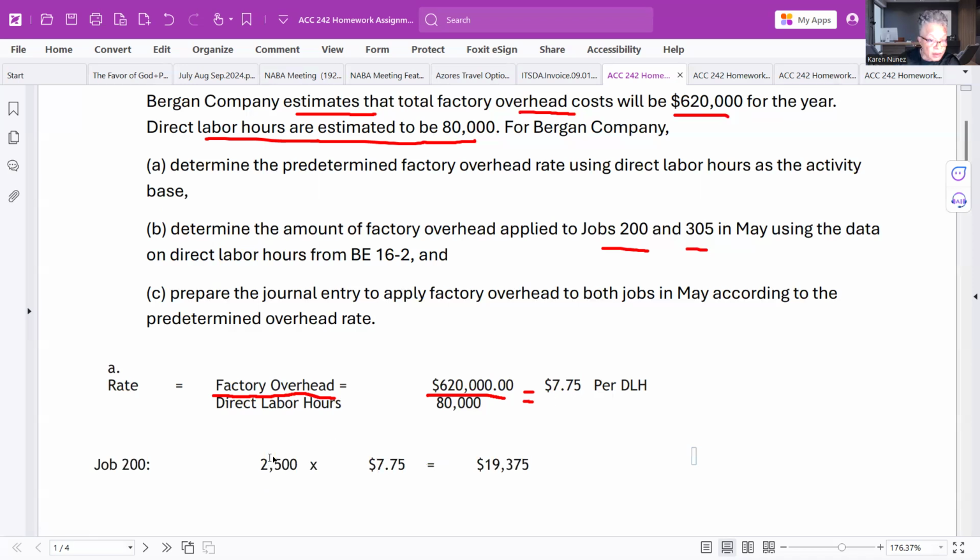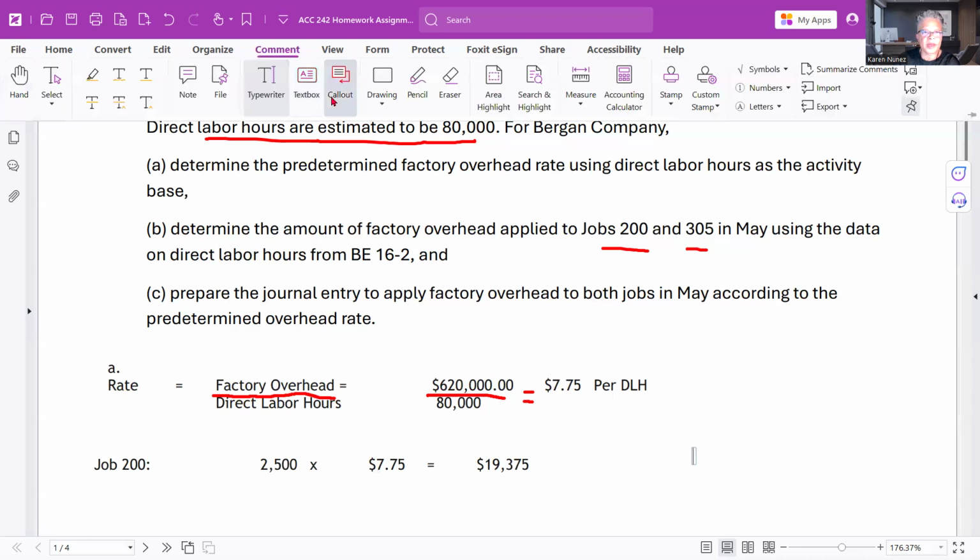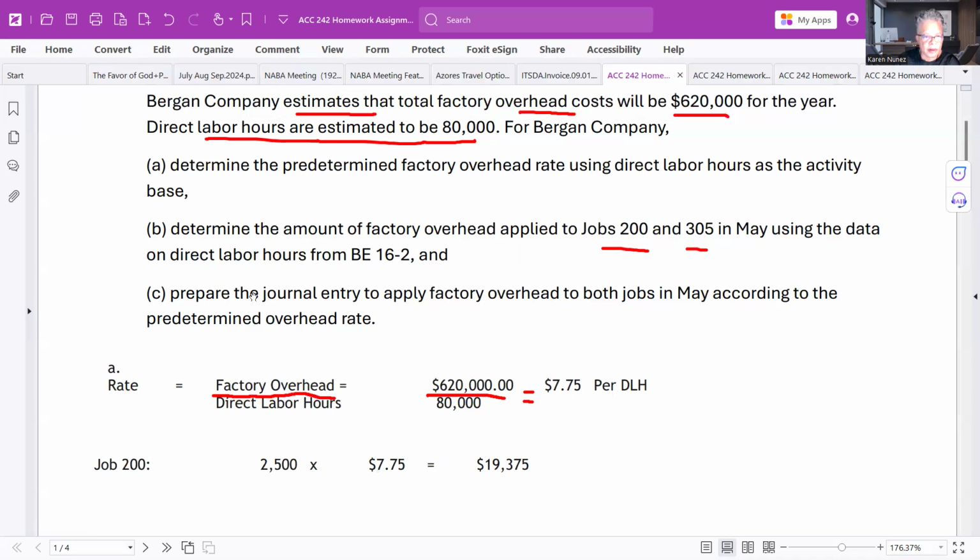And then the way we apply overhead is always going to be the actual activity base. In this case, we have the actual hours. We're always going to apply the overhead as the actual activity times the rate, which gives us the allocated overhead.